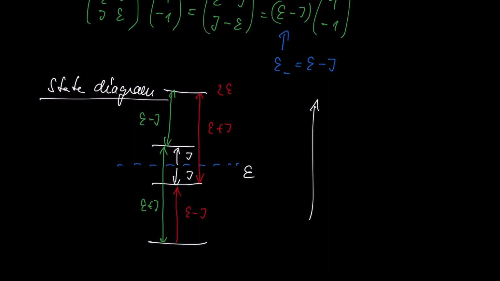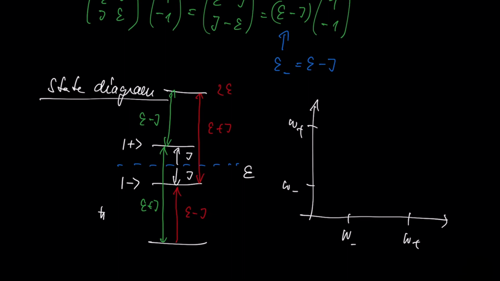So as before, we have two energies on which we can expect spectral features, omega minus and omega plus. We can denote these states with kets minus and plus, and obviously the transition energies are h bar omega minus and h bar omega plus.